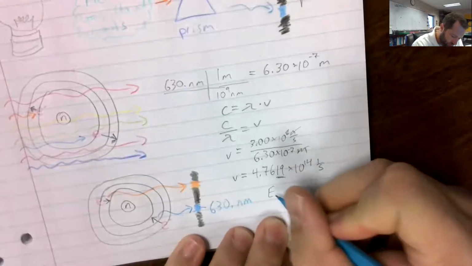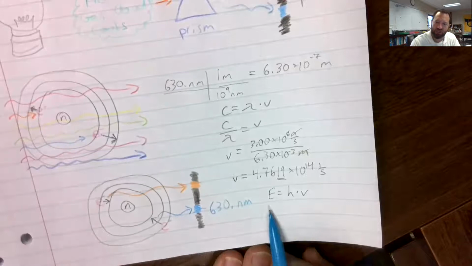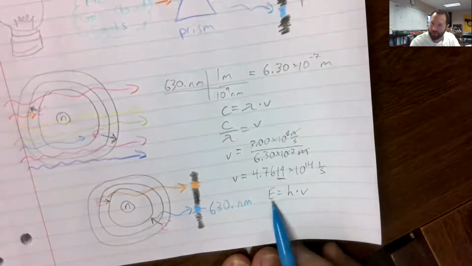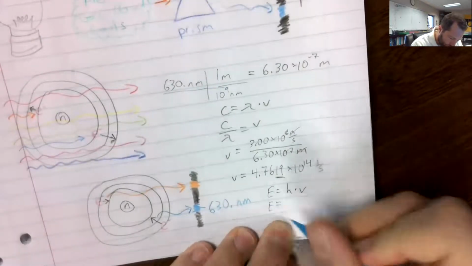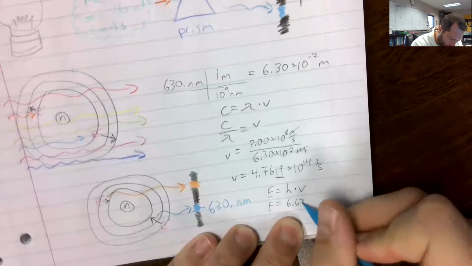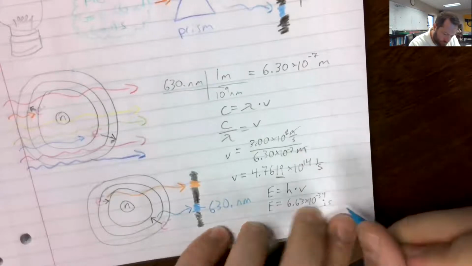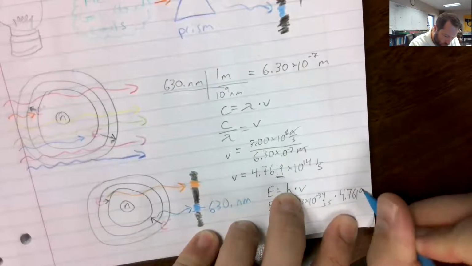Well, our next formula: energy is equal to h times nu. h is Planck's constant. We have our nu. We don't need to rearrange anything. We're set and ready to go. I'm going to run out of page on my room.